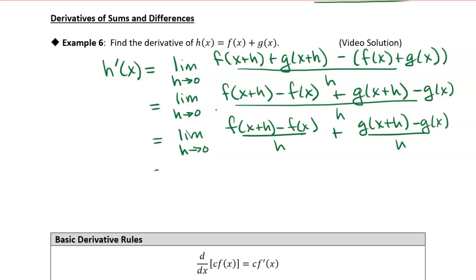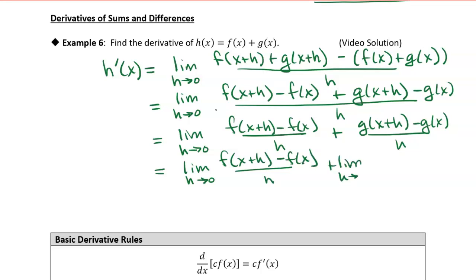Now, we haven't really gotten into all of the nitty-gritties of properties of limits, but I'm going to tell you that this is equal to the limit of f of x plus h minus f of x all over h plus the limit as h approaches 0 of g of x plus h minus g of x all over h.